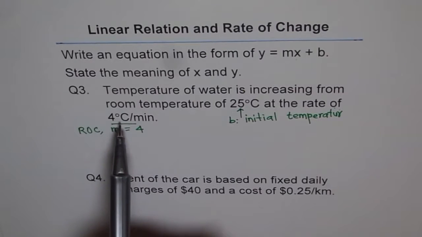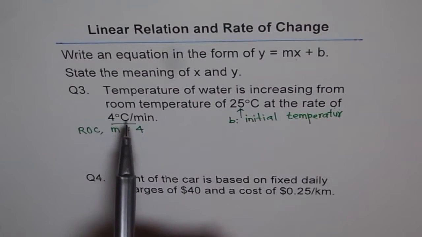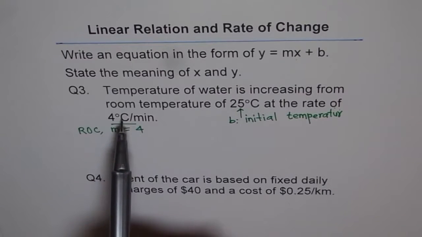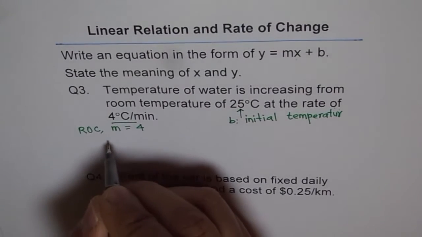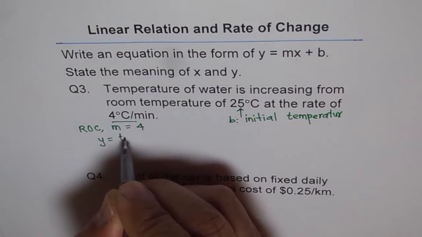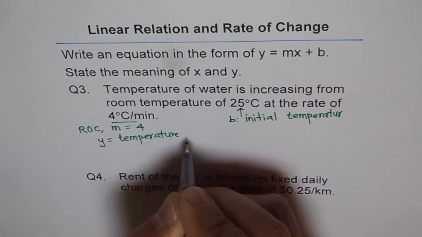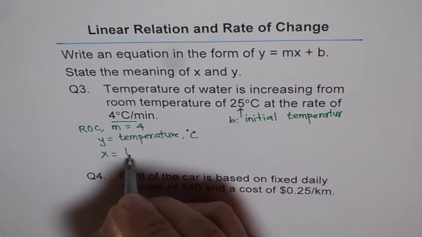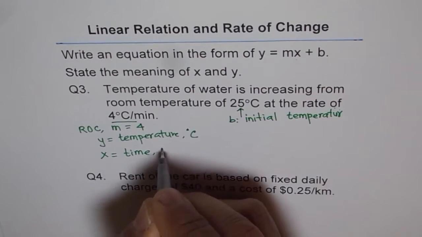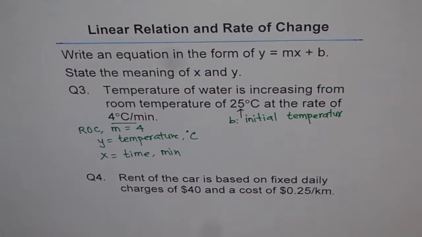So this unit, degrees centigrade per minute, gives you a clue. Degree centigrade is temperature, which is dependent on time in minutes. Correct? So here, y is temperature in degrees centigrade, and x is time in minutes. So that is how we need to define all our variables.